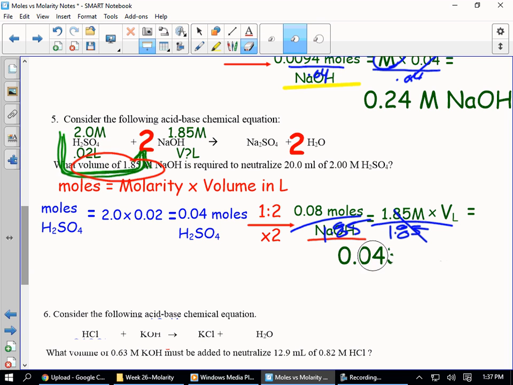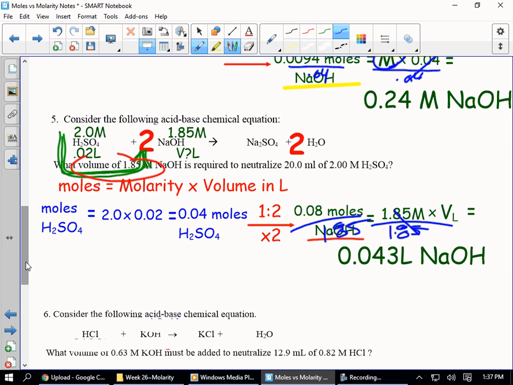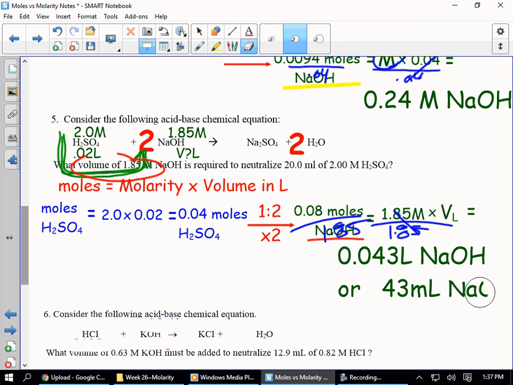Your calculator spits out this number, 0.0043. Now, if you put it in as liters, it also comes out as liters. You can leave it like that, or if you want, because we measure out milliliters here in class, move it 3 times the other way, you're looking at 43 milliliters of NaOH.